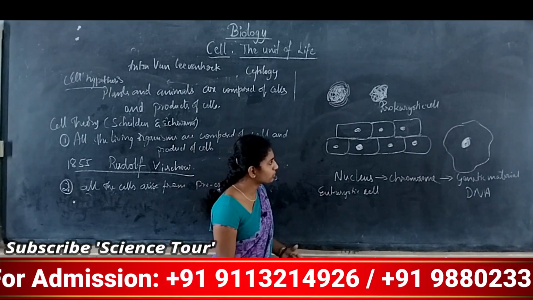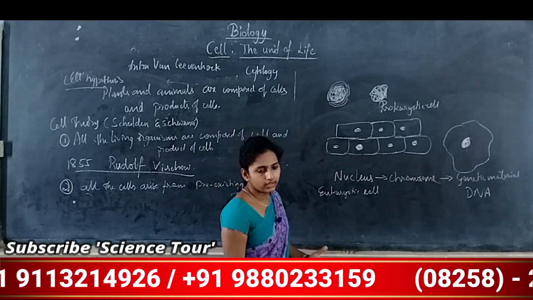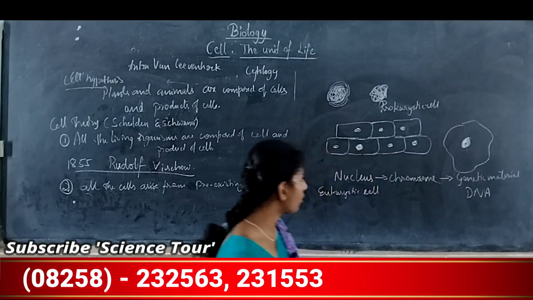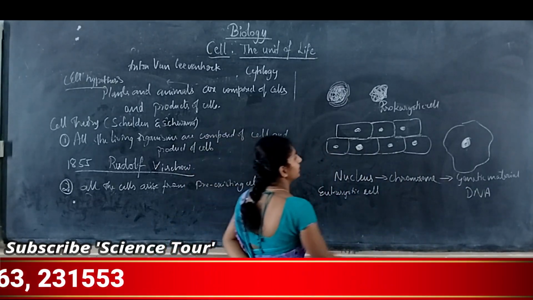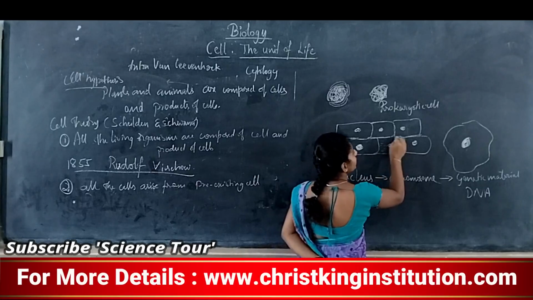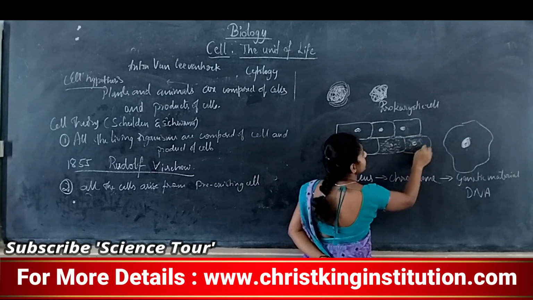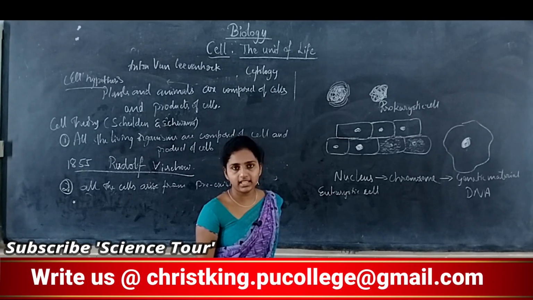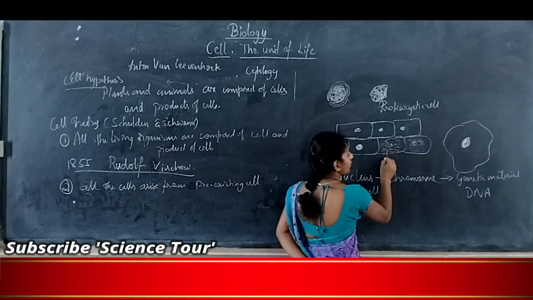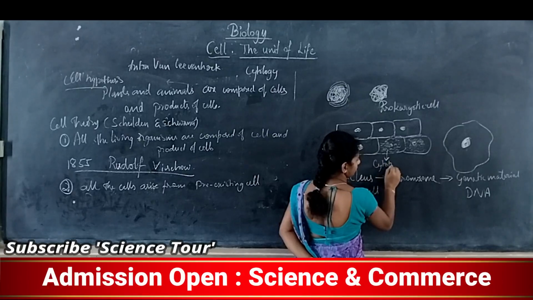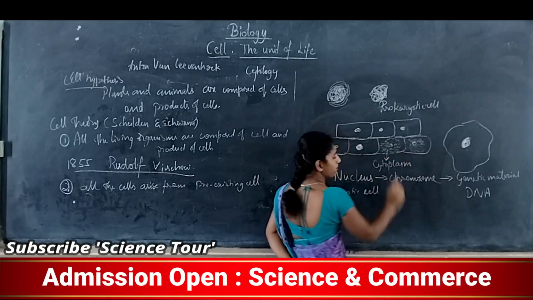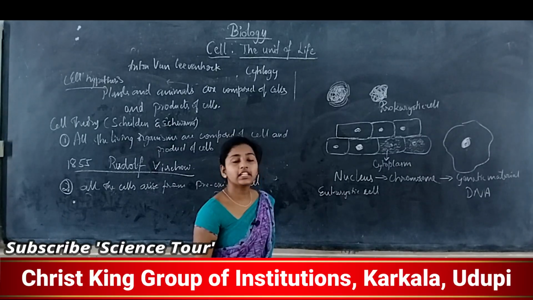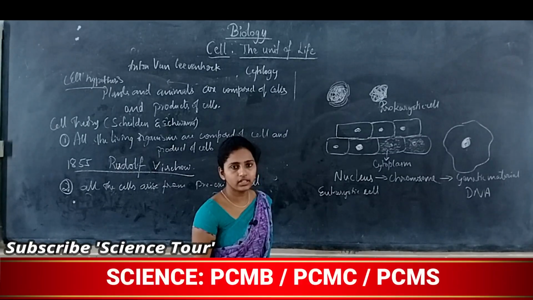Next we'll study the cytoplasm. All these cells contain an inner fluid matrix. Inside the cell you can find a fluid matrix, and we call it cytoplasm. The fluid part of the cell is called cytoplasm, and it occupies the maximum volume of the cell.